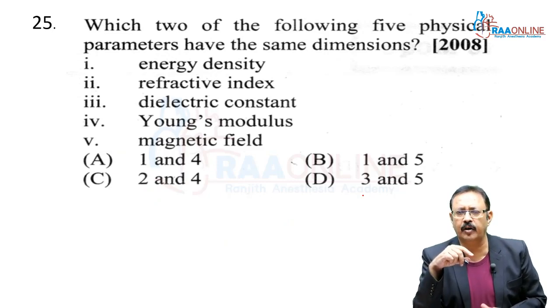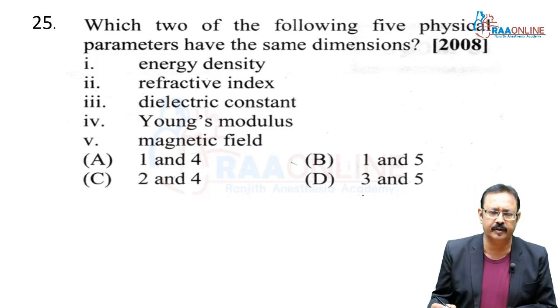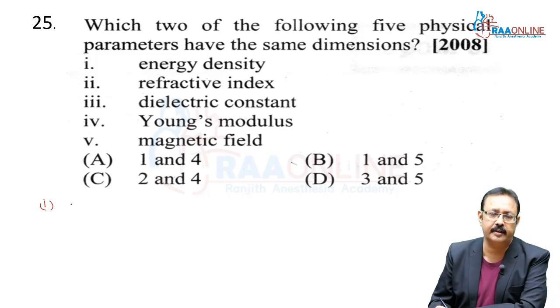25th: which of the following five physical parameters have the same dimension? First we are going with energy density.